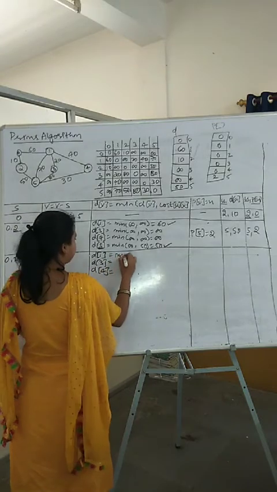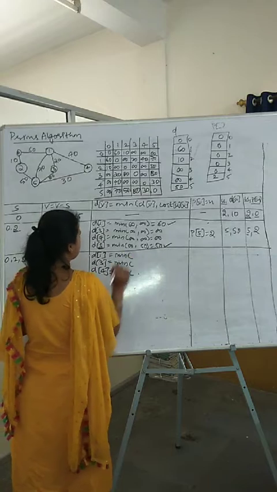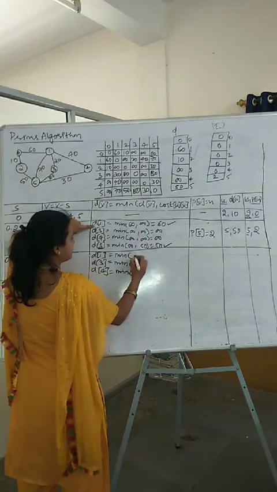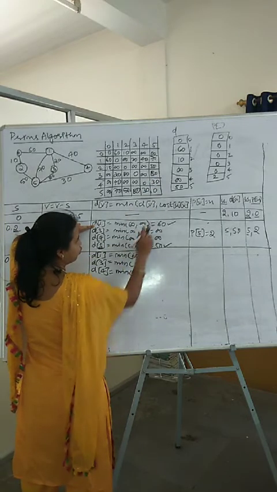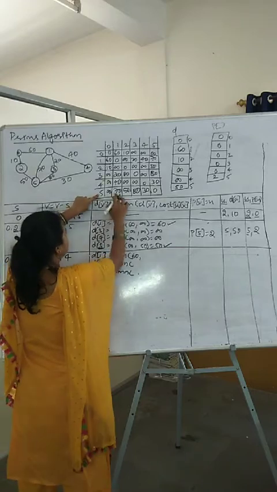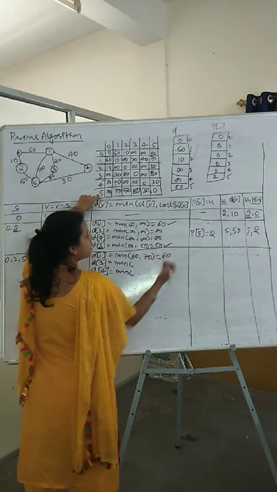So minimum of d of v. d of 1. What is d of 1? We have got 60. d of 1 I have already updated to 60 there. Next, cost of u. What is u? 5. 5 comma 1. It is 70. Minimum of 60 and 70 here is 60.